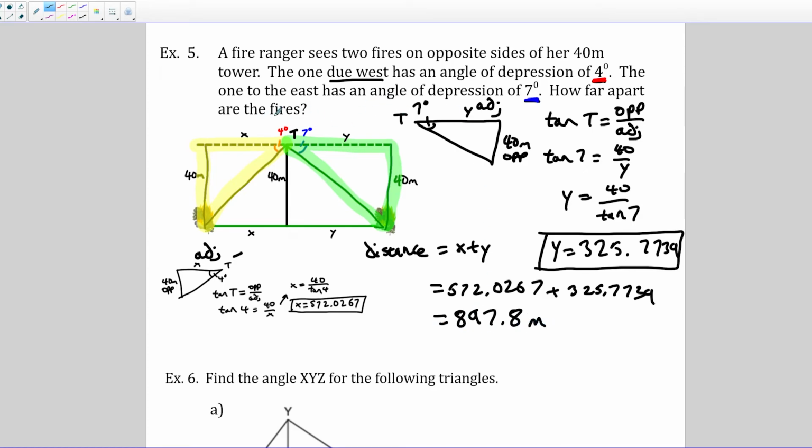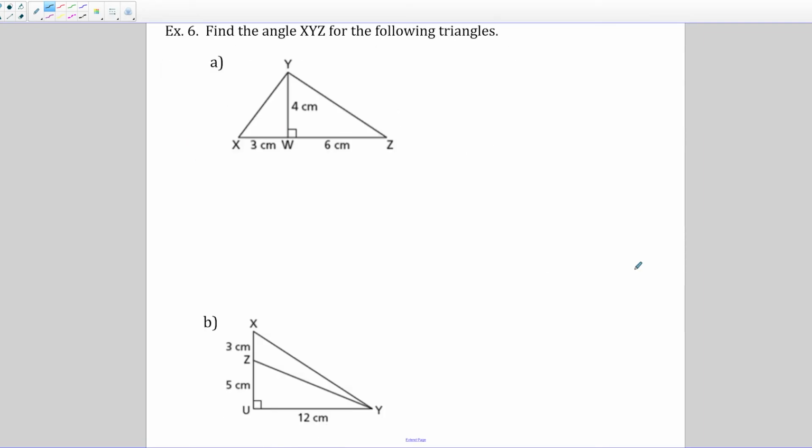It doesn't really say what to round it to, so I'm just going to leave it rounded to the nearest tenth. So we can say the distance between the fires is 897.8 meters.